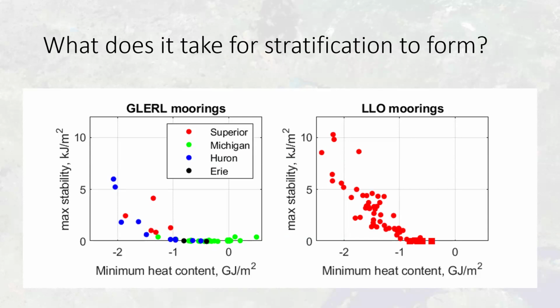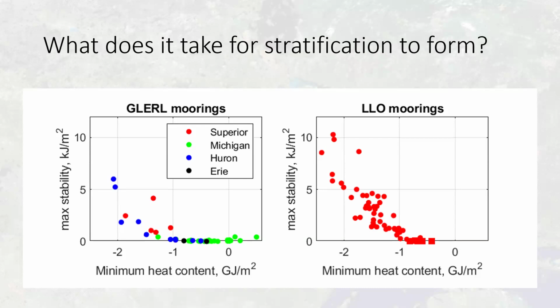If I look at, so this is a measure of stability, stratification stability, and this is a measure of the minimum heat content. And you can see that if you are warmer at minimum than about -1 gigajoule per square meter, it's a measure of the heat content. If you're warmer than that, either at any of the moorings or at my shallow moorings, the square boxes, you essentially get zero stability, which means no stratification.